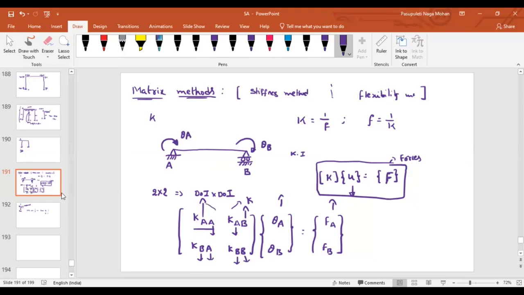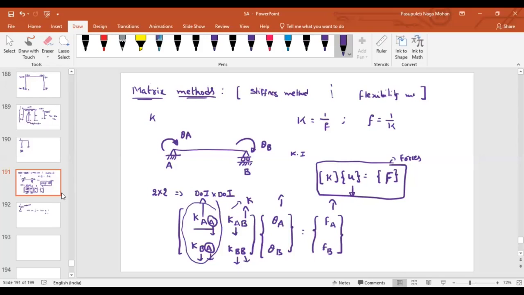So if you think of this first column, where you are applying the unit displacement at A, right?